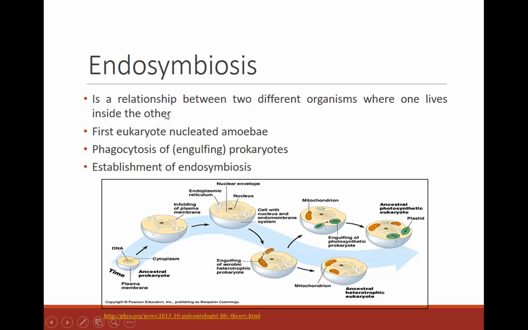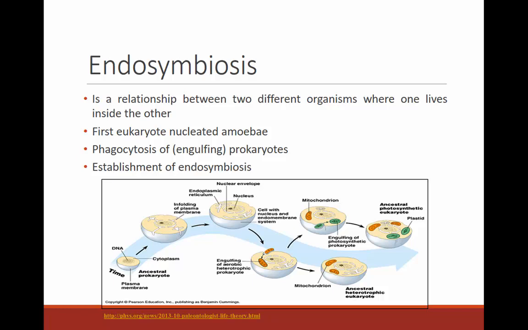So the theory behind that is that over time you get infolding and you get phagocytosis of different, say if it's a eukaryotic cell, you get phagocytosis of a bacteria that produces energy. Yes?